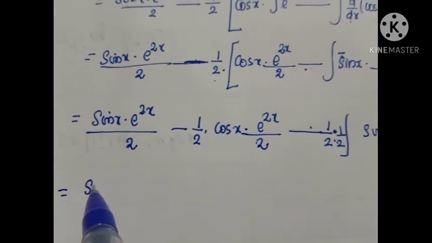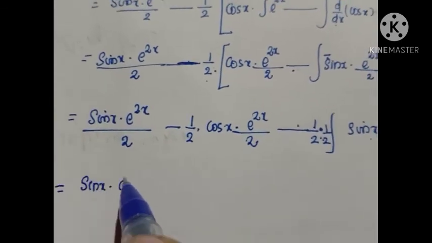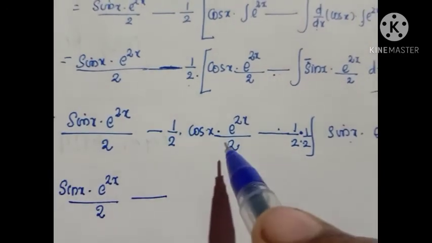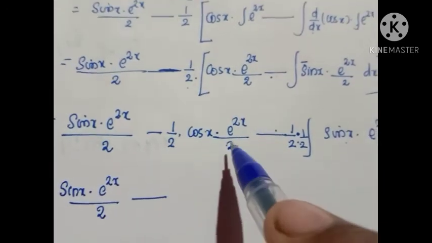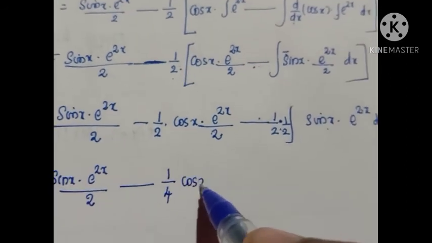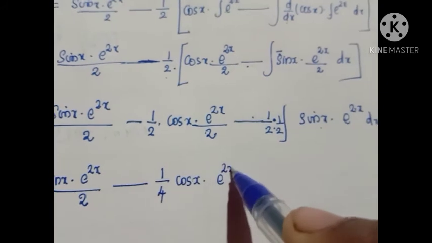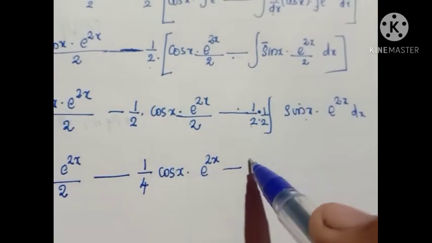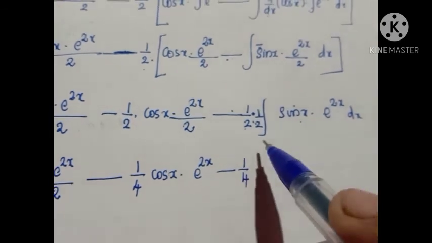Now this is sin x into e raised to 2x by 2 minus, listen, this 1 by 2 into 1 by 2. So it is 1 by 4 cos x into e raised to 2x. Again this 1 by 2 into 1 by 2, 1 by 4.